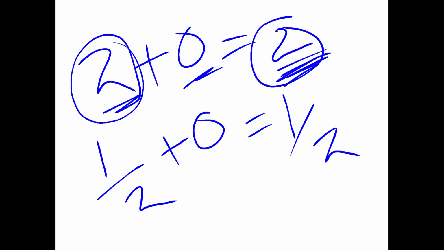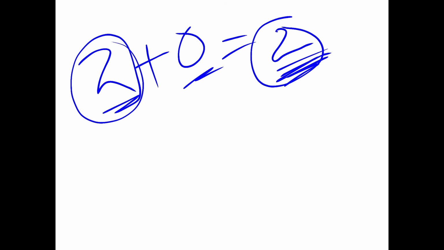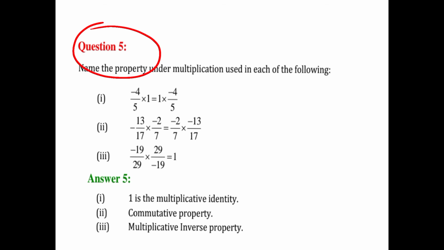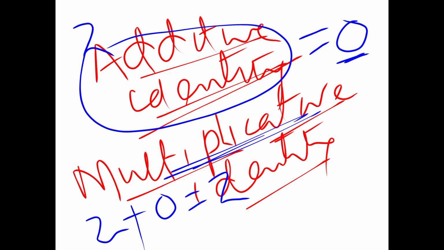So what is the multiplicative identity? The multiplicative identity of a rational number is 1. If you take a rational number, for example 2 by 7, and multiply it with 1, we get the rational number back, 2 by 7. There will be no change.